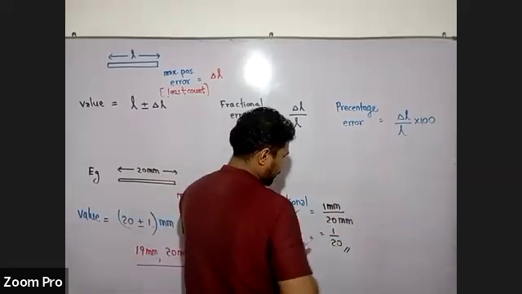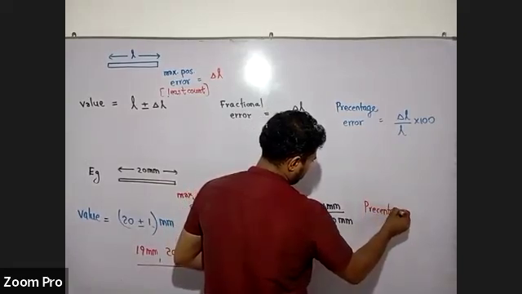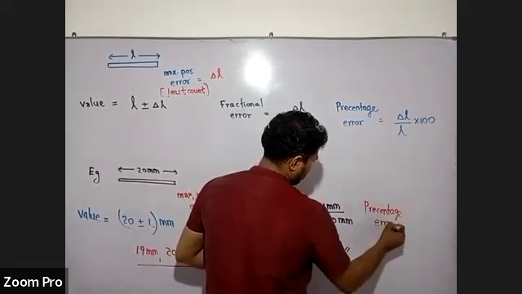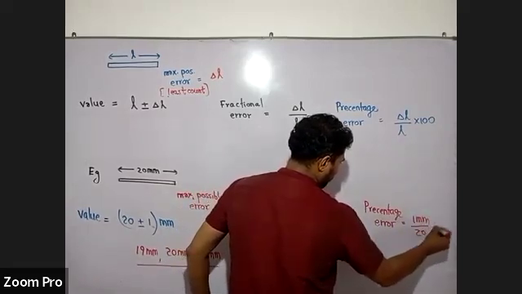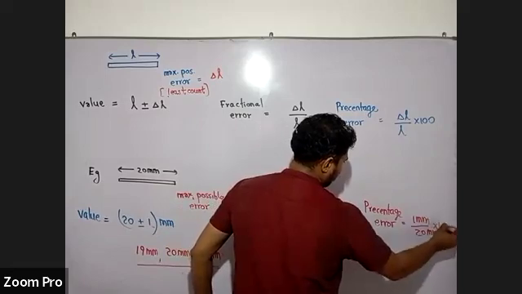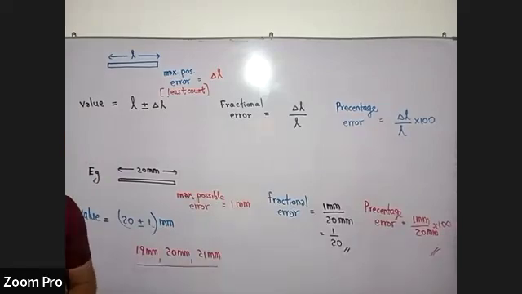The percentage error is equal to 1 millimeter over 20 millimeters into 100, right? So this is the way that we can express the fractional error and the percentage error in a given instance, right? Okay, guys, raise your hand if this is clear enough.